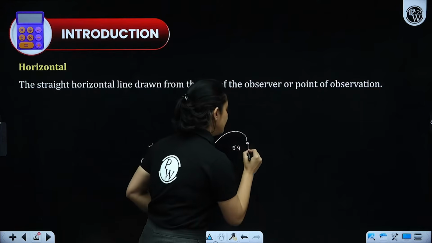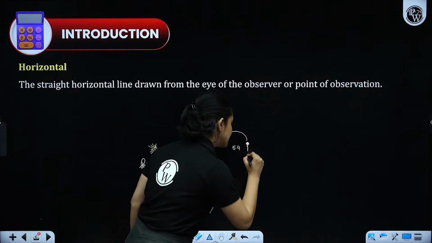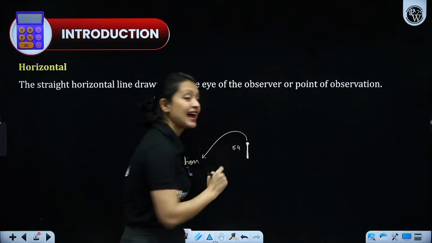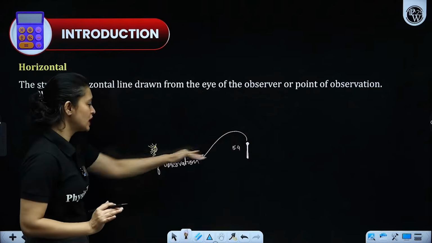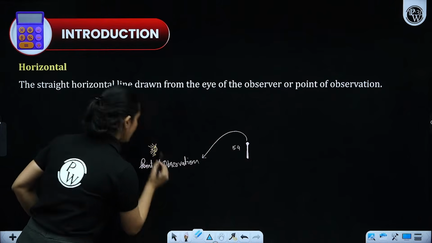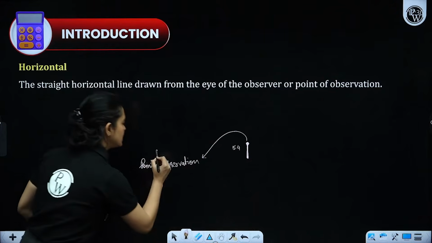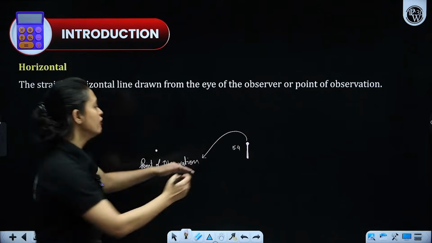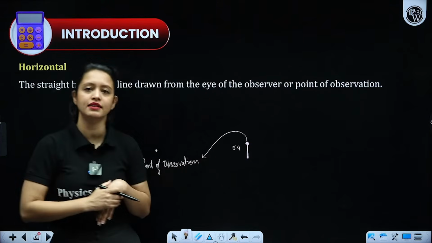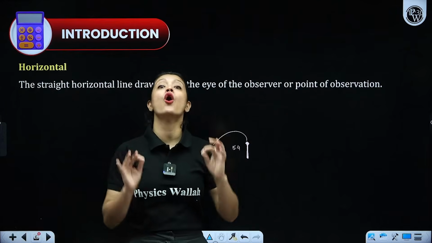So that's why we take this as the point of observation. And the entire object that is observing something is taken as a line segment. Cool, simple. So we have two kinds of points of observation. One would simply be a point like this, lying on the ground or anywhere, and another would be a line segment where the top point is considered as the point of observation. Okay, everyone? Now let's talk about horizontal.